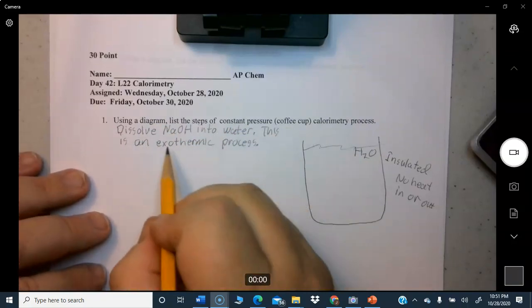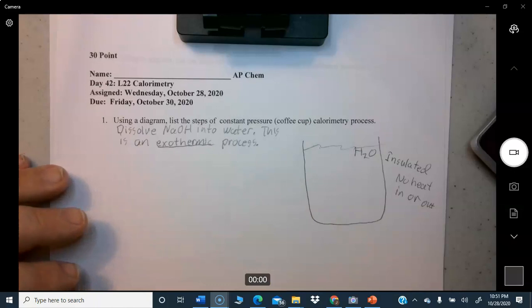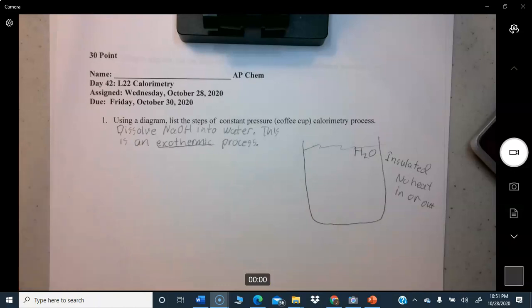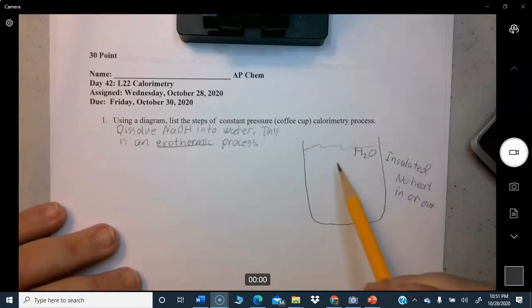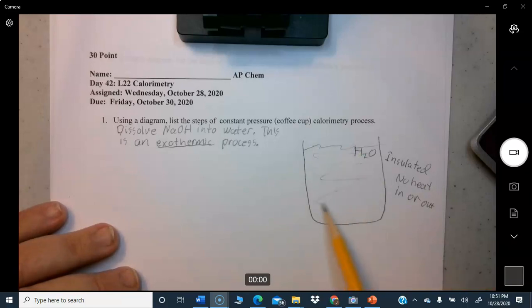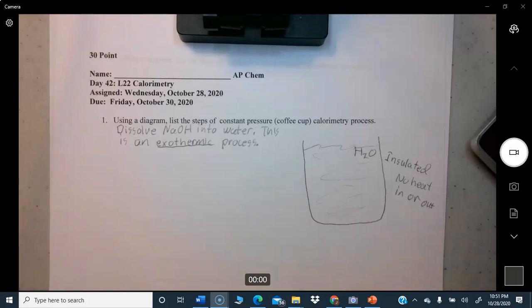This is an exothermic process, meaning that heat comes out of the sodium hydroxide reaction with water. That reaction takes place all throughout this solution. It's mixed in, like when you mix salt with water. It's spread out evenly throughout. It's called a homogeneous solution, meaning that every part of it is like every other part. It's a mixture of NaOH plus water.